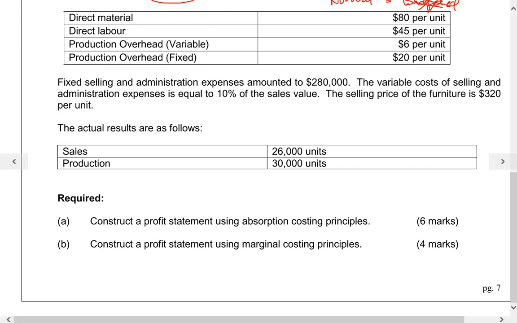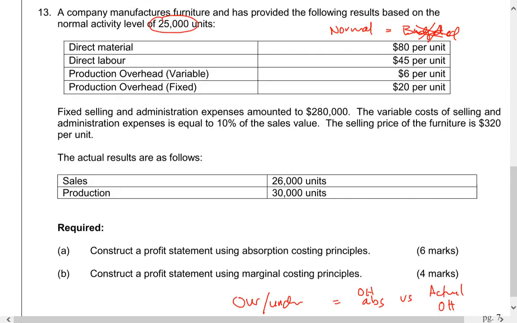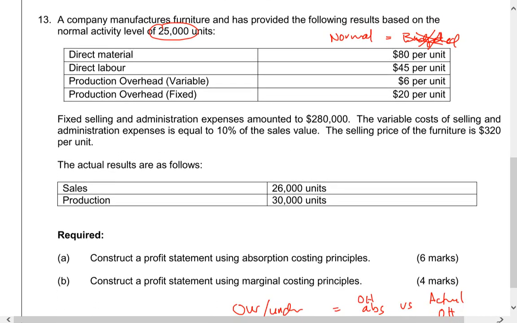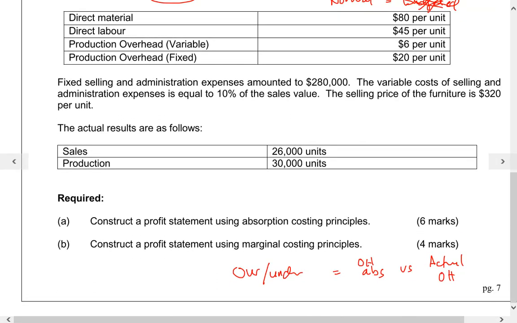Okay. Over under absorb. We always compare overhead absorbed compared to actual, right? We get over under absorb. But this question here, I plan next month, I plan to produce this many units.